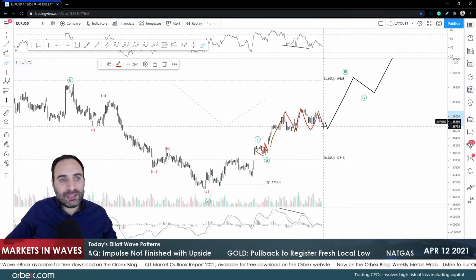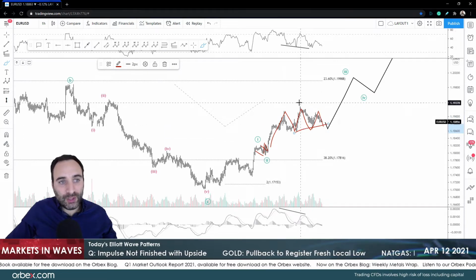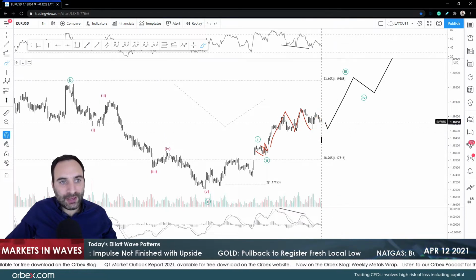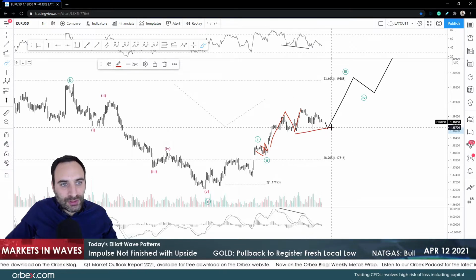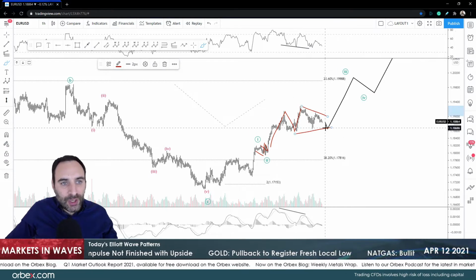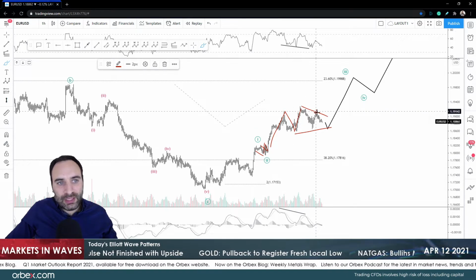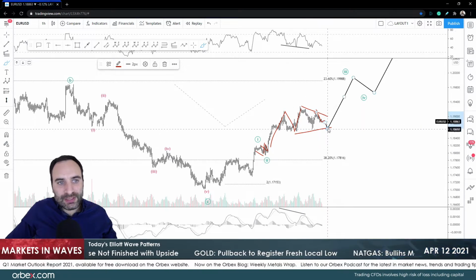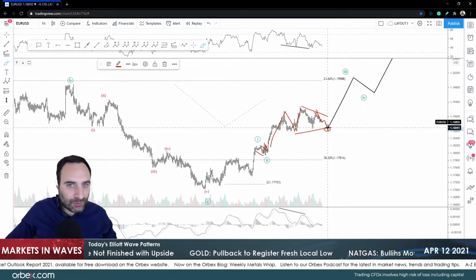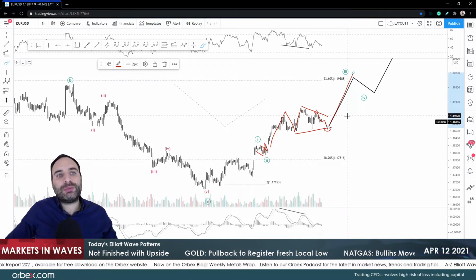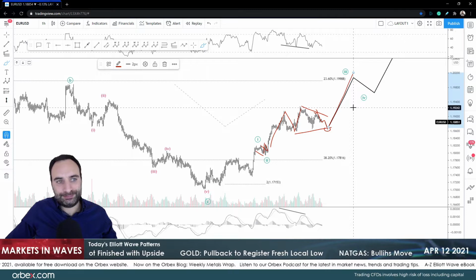A, B, C, D, and E. It looks like a nice one anyway, right? Running flat. Let me just draw these levels over here. So it looks to me like D up here, and we're going to get an A, B, C. Once we get down there to around 180.70, we should be looking for prices to start moving higher, right?